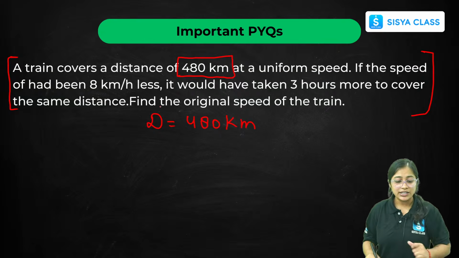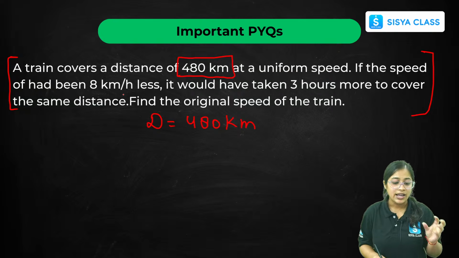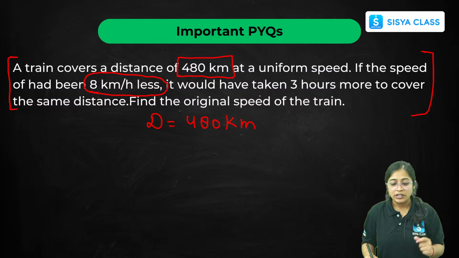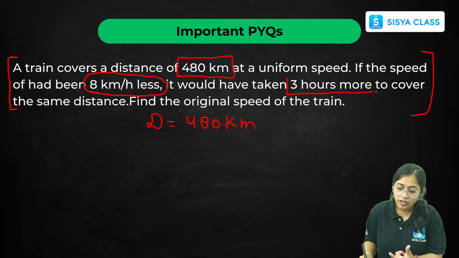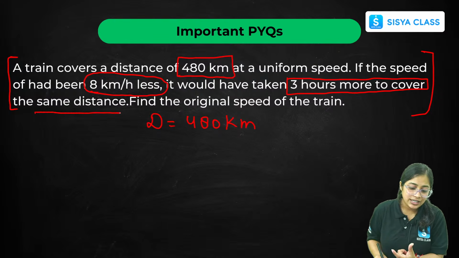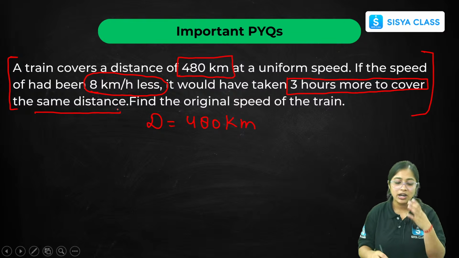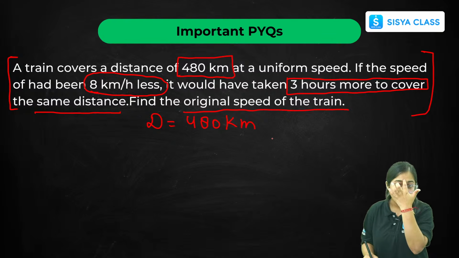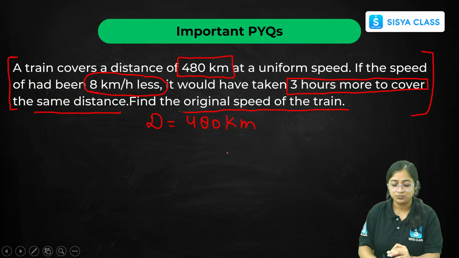Now, if the speed of the train had been 8 km per hour less, right, it would have taken 3 hours more to cover the same distance. Okay, to cover the same distance, the time is now 3 hours more. So find the original speed of the train.